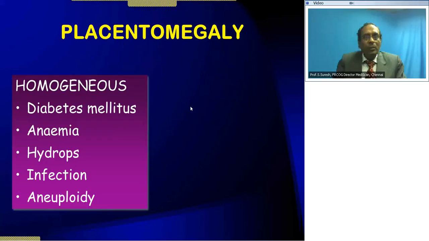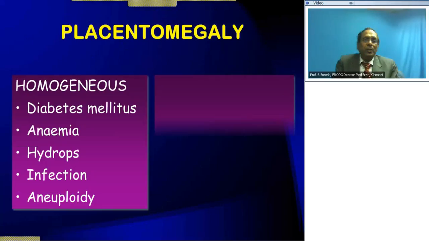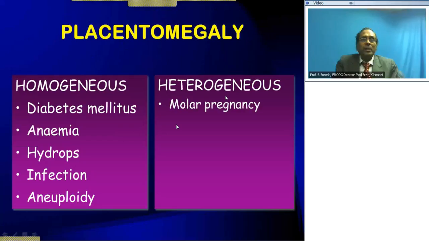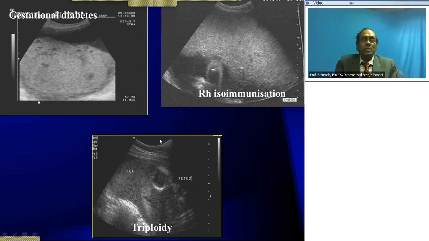Now, when you look at placentomegaly, we can divide large placentas into two groups. One of them is a homogeneous placenta, and the other is a heterogeneous placenta. So, a homogeneous placenta you can see in diabetes mellitus, anemia, hydrops, infection, and also aneuploidy. Whereas a heterogeneous placenta is seen in molar pregnancy, triploidy, placental hemorrhage, or some other conditions.